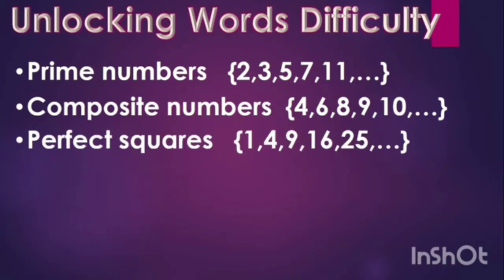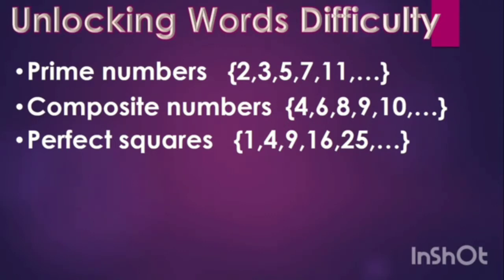Next, perfect squares. So, pag sinabi naman nating perfect squares, these are the products of numbers that we multiply by itself. For example, the number is 1. 1 times 1, the product is 1. Therefore, 1 is a perfect square. 2 times 2, the product is 4.